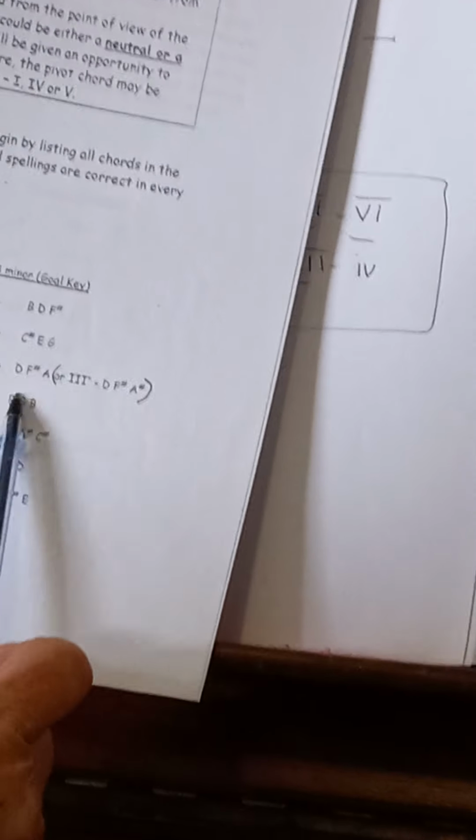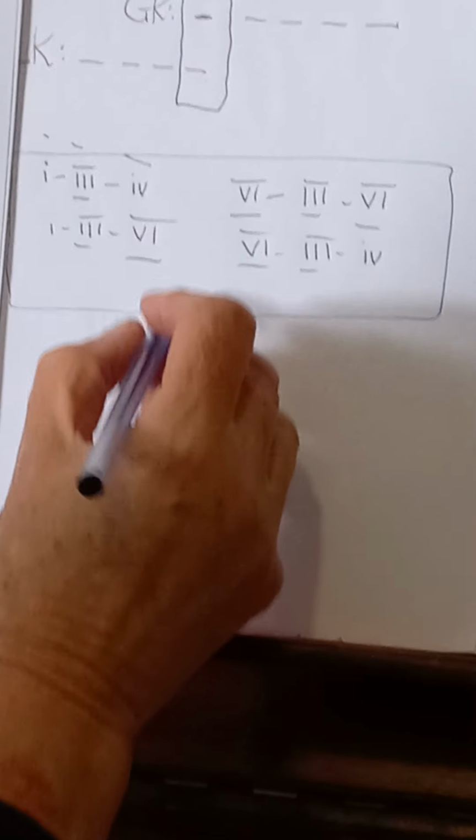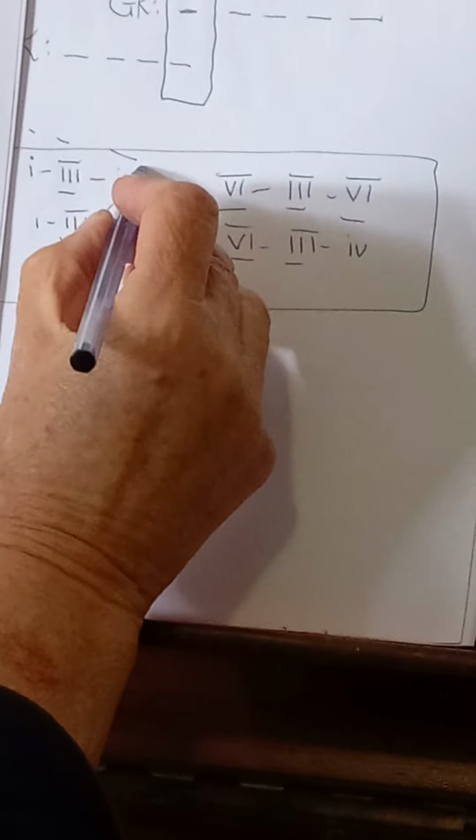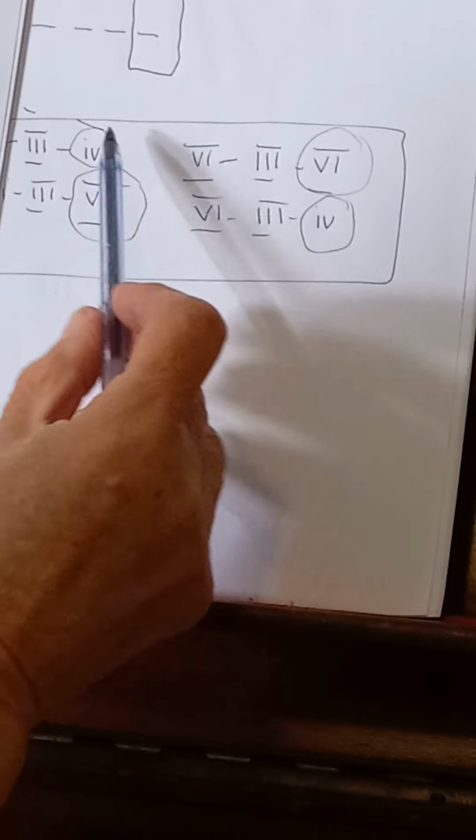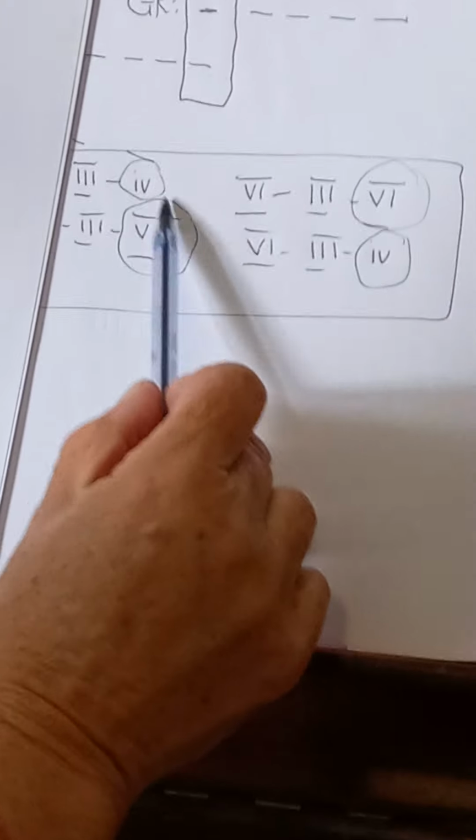So there were various things you could do with a major mediant in a minor scale, the ornamental use. And in all cases, it would involve a resolution to either the subdominant or the submediant.